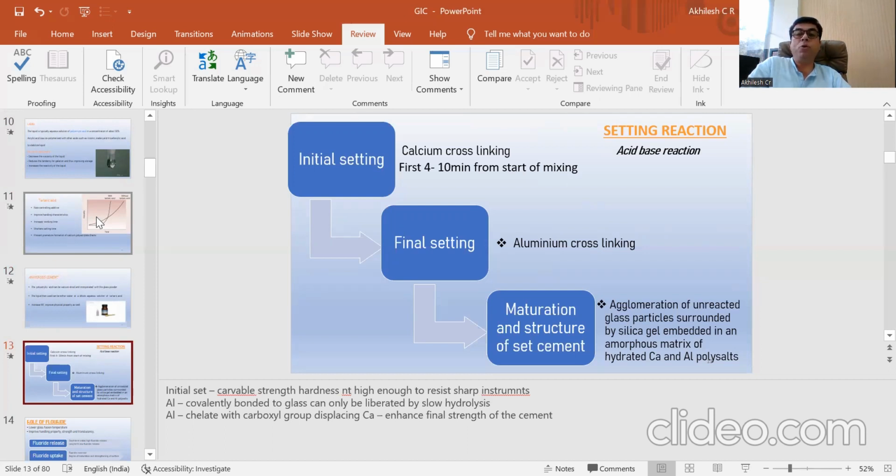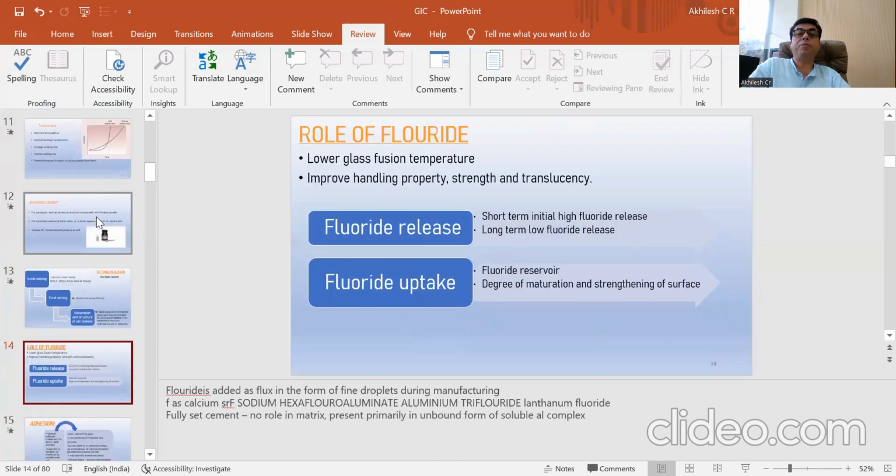After that the setting continues, with agglomeration of unreacted glass particles surrounded by silica gel, embedded in an amorphous matrix of hydrated calcium and aluminum polysalts. That is the maturation and structure of the set cement.